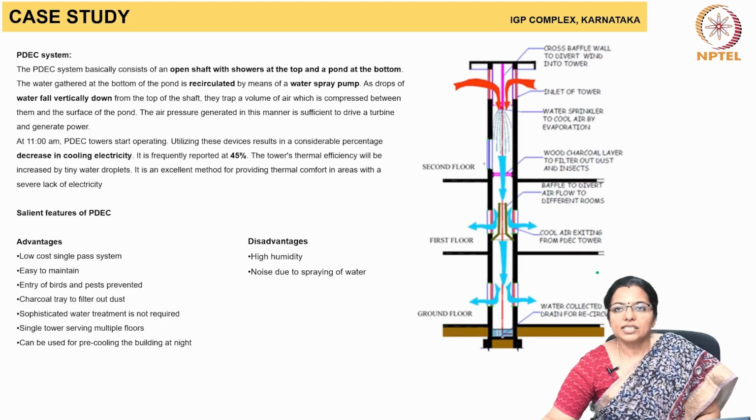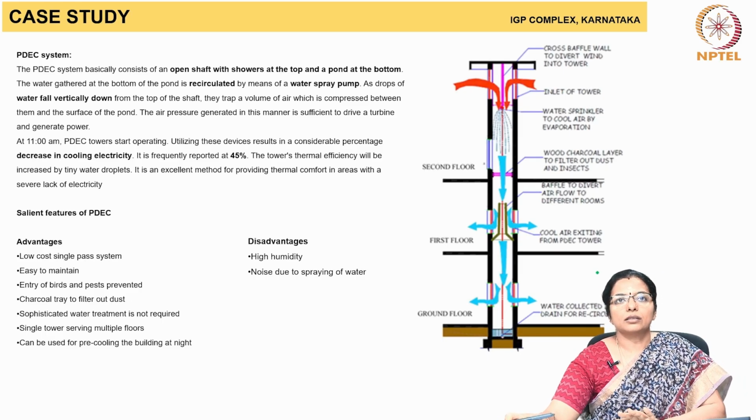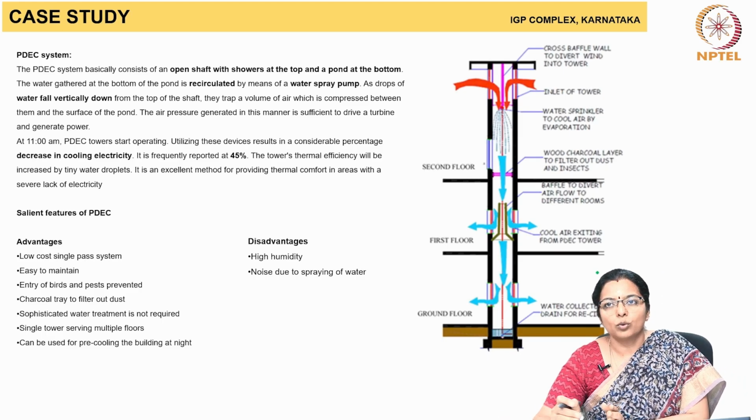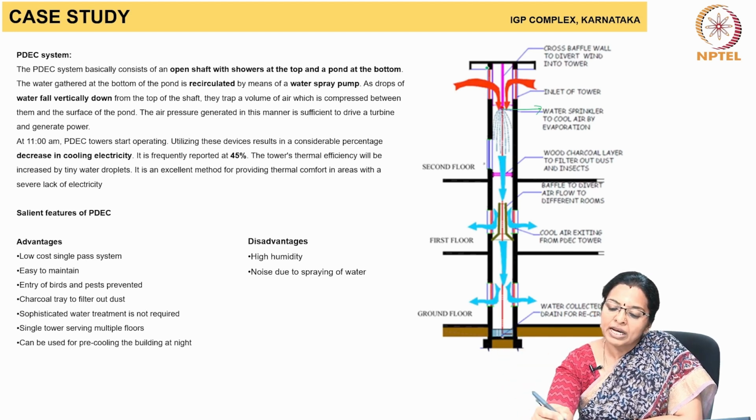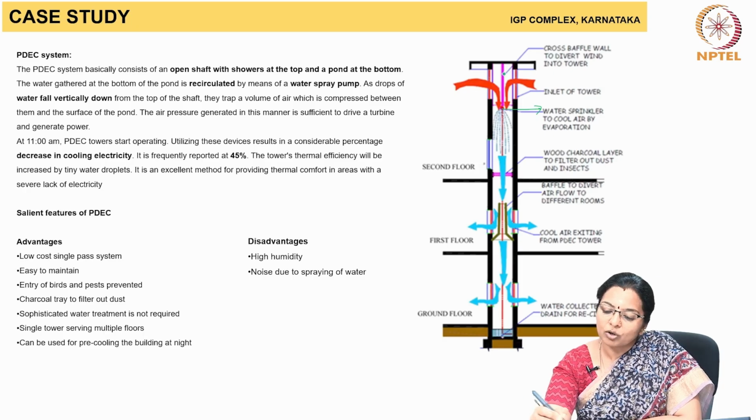So, the PDEC system here basically consists of an open shaft with showers at the top. So, here you can see water micronizers or water sprinkler. So, there is a cross baffle wall here, because of which the direct movement of air is prevented.